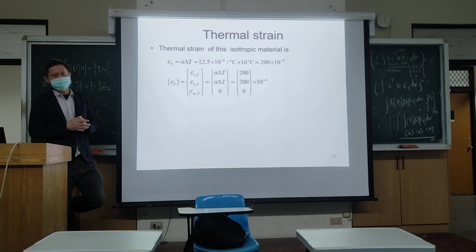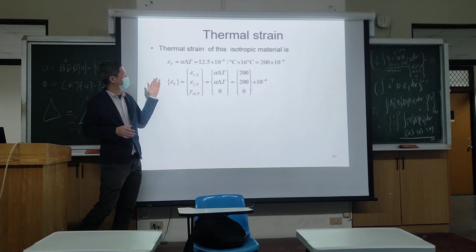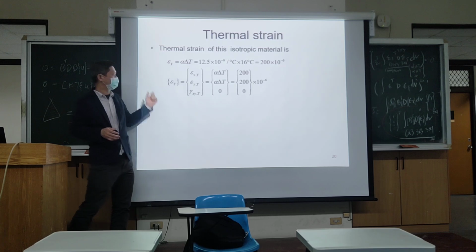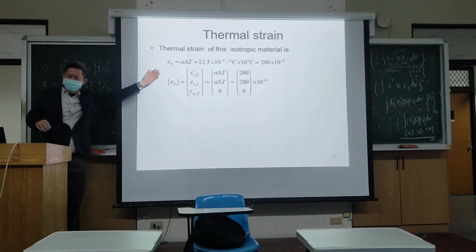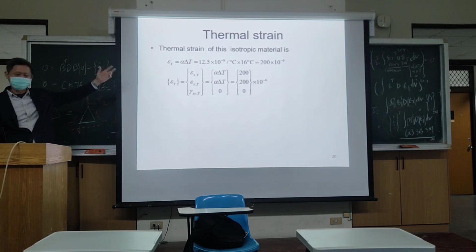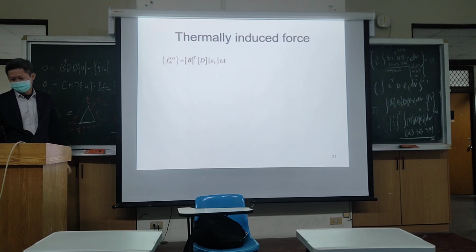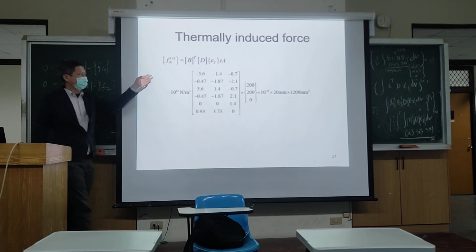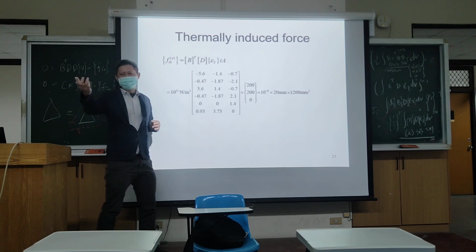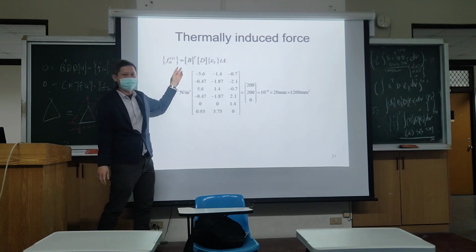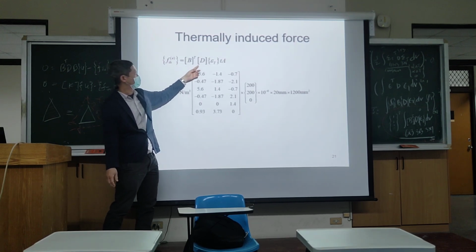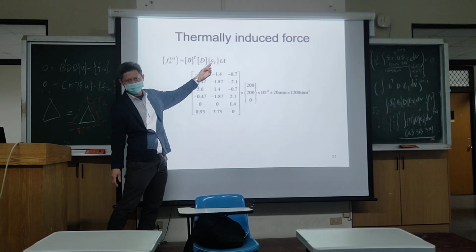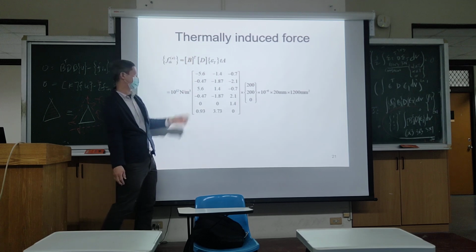Obtain the equivalent thermal induced force. Okay, it's easy to write the thermally induced strength. It's 3/1 vector. But thermally induced force is 6/1 vector. It's obtained by B transpose times D times the thermally induced strength vector.